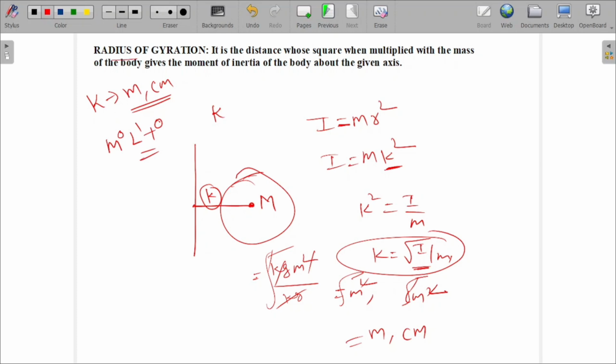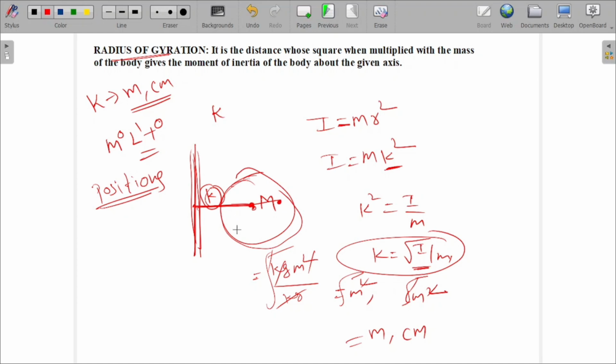And this radius of gyration depends on the position of the axis of rotation, at what distance it is. That is nothing but k. It depends on the position of the axis of rotation and the distribution of mass, where it is distributed, either here or here.